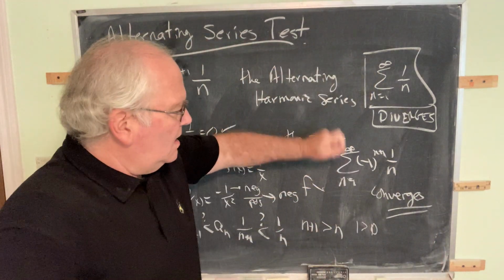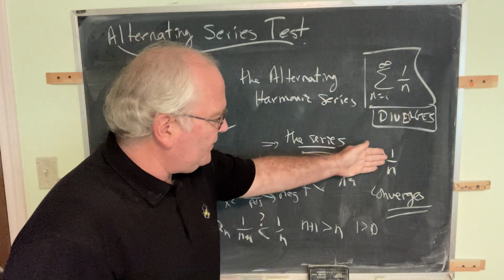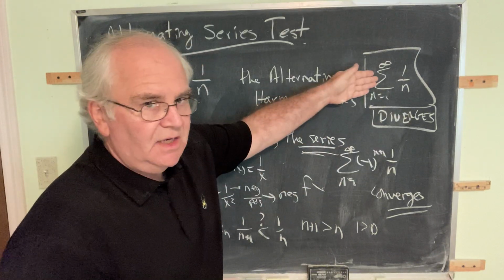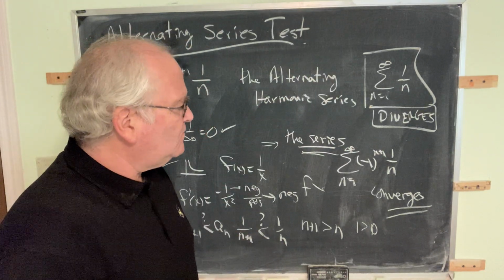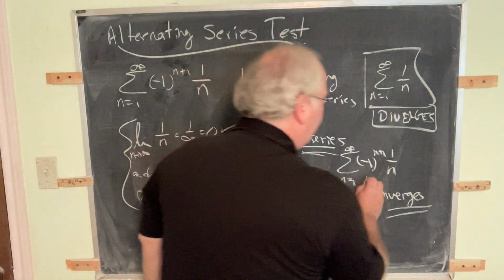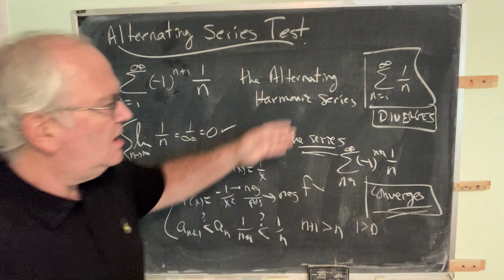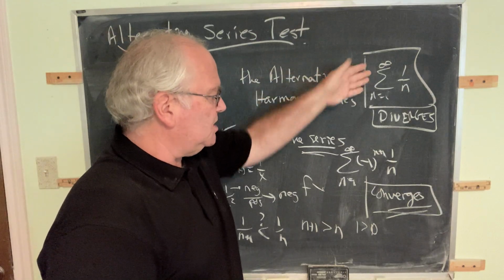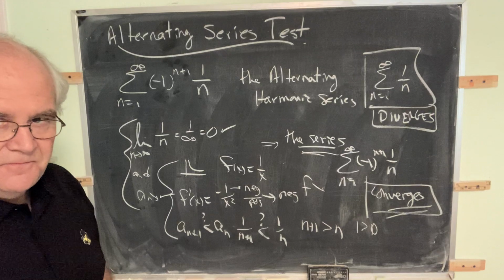So the series itself converges, but if you leave off the alternating portion, it diverges. That's a key result. The harmonic series diverges. The alternating harmonic series converges.